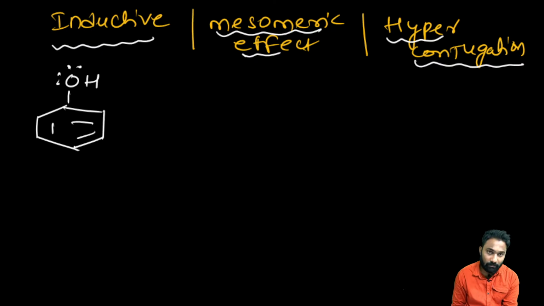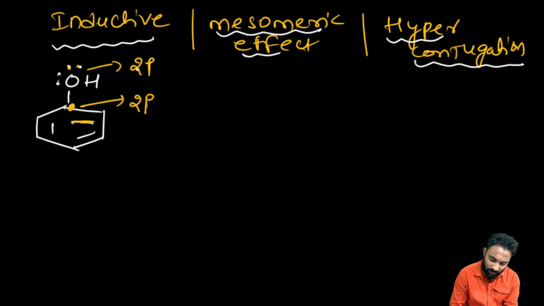This phenol, due to the presence of this lone pair of electrons and this benzene pi bond, both are parallel to each other, and this oxygen is a 2p and this carbon is also 2p. For delocalization or the mesomeric effect to happen, both the atoms should be in the same plane and both should be 2p.